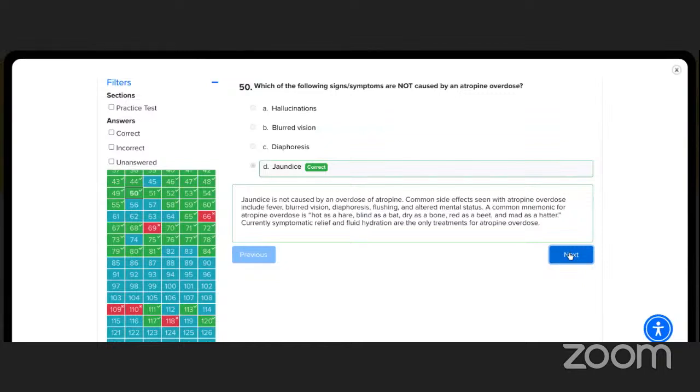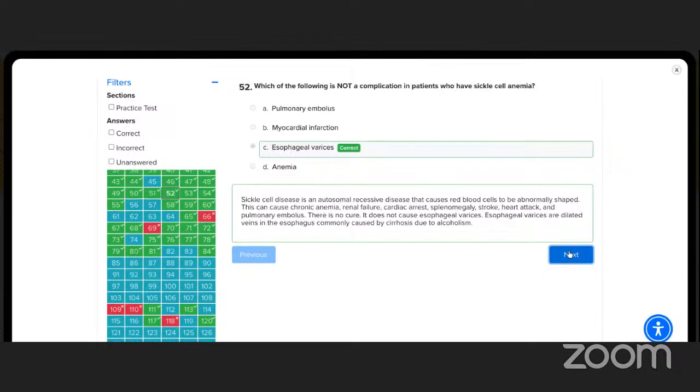Okay, then we move into question 52. 52 is another question that has to do with esophageal varices. So you might want to put 49 and 52 together. Which of the following is not a complication in patients who have sickle cell anemia? Sickle cell disease is an autosomal recessive disease that causes a red blood cell to be abnormally shaped.